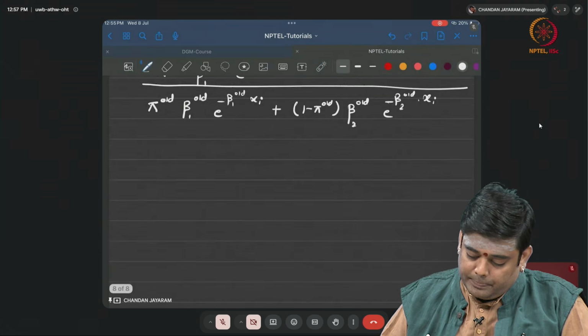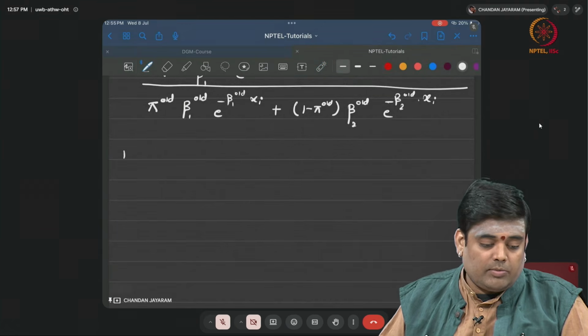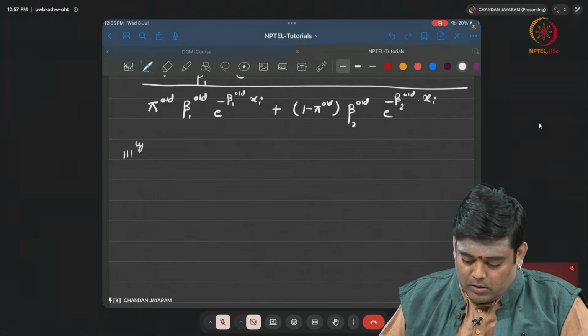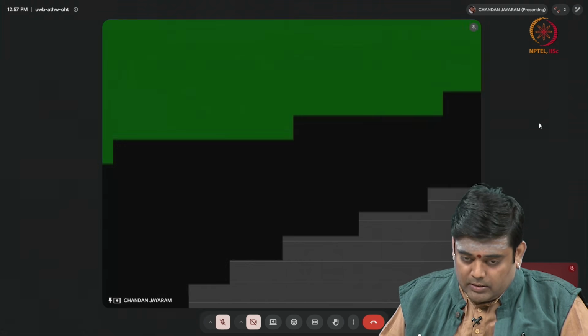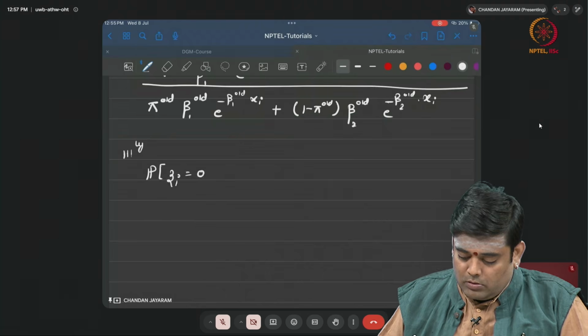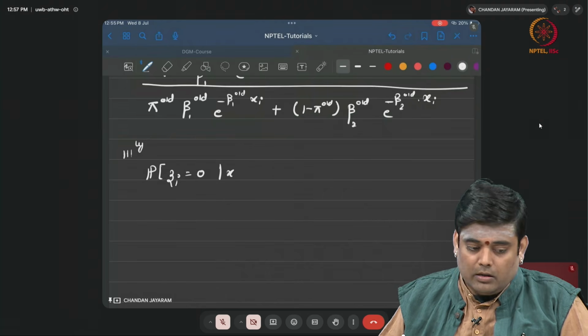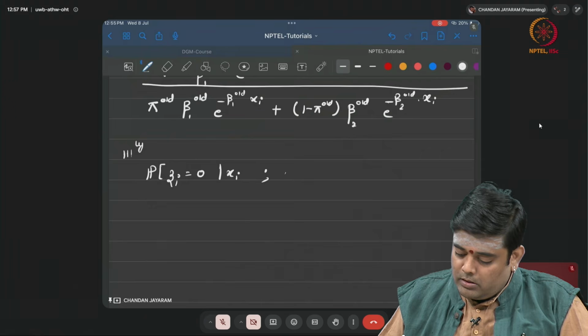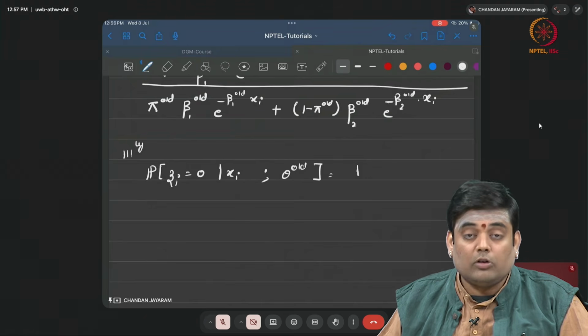Now similarly, we have the probability that Zi taking the value 0 given Xi parameterized by theta old is 1 minus the coefficient.